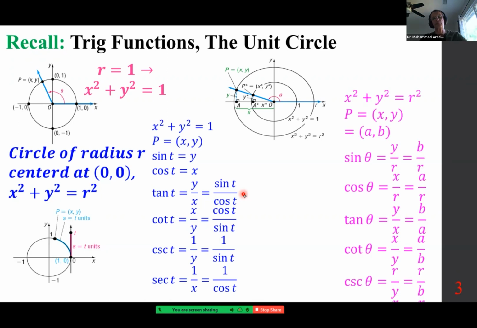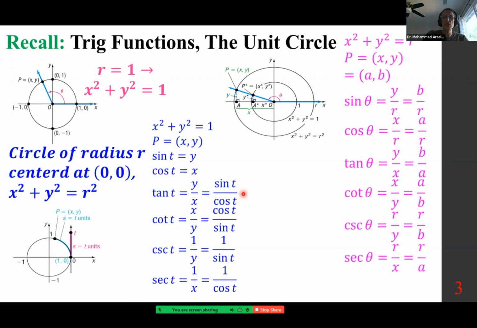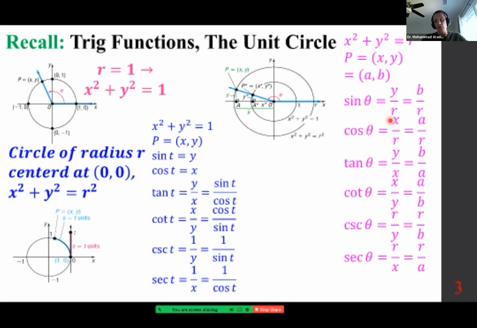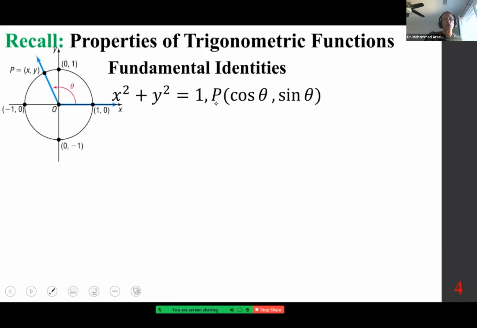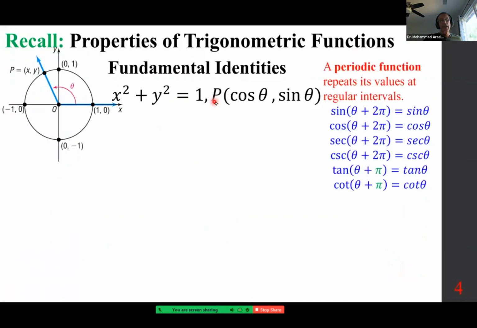In a more general case, we have to write y over r, because r is no longer 1. That's why. Fundamental identities: we know x squared plus y squared equals 1, which results in what we call Pythagorean identities.